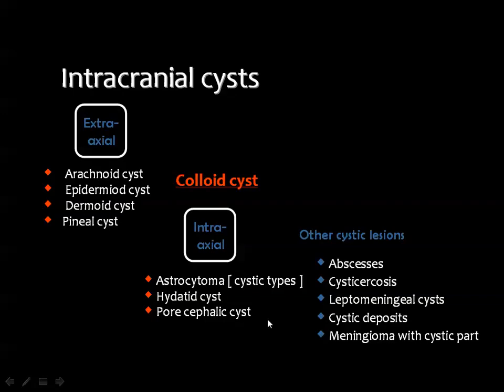As you all know, intracranial cysts are mainly divided into extraaxial cysts occurring outside the brain parenchyma and intraaxial cysts occurring inside the brain parenchyma, and other cystic lesions which are not actually true cysts, but they contain a cystic component, or they appear like cystic structures in CT or MRI images.